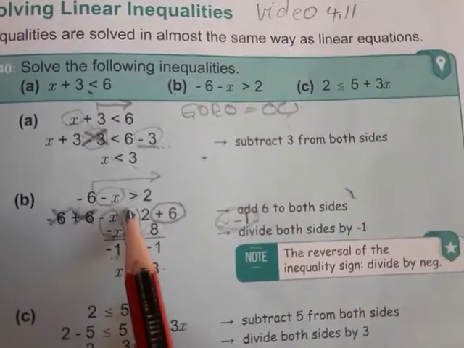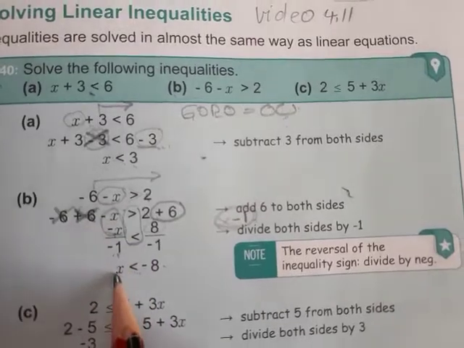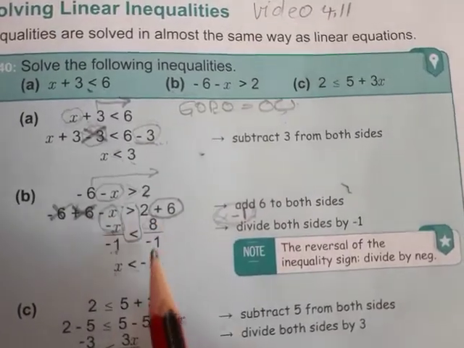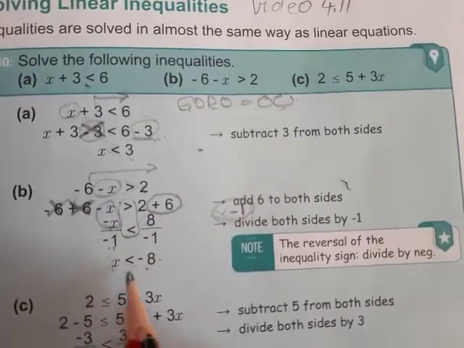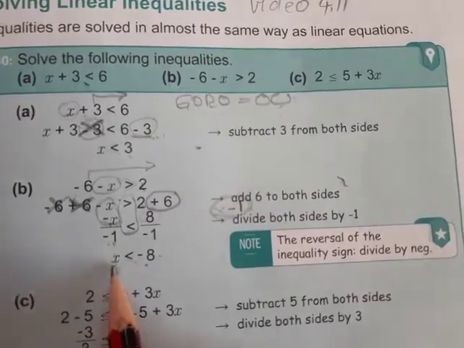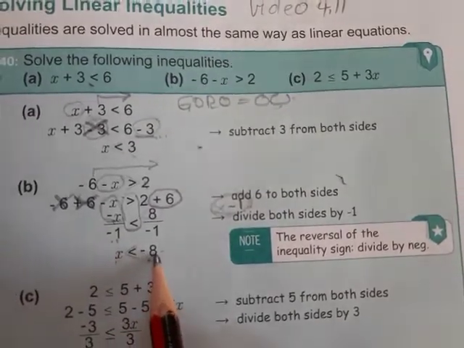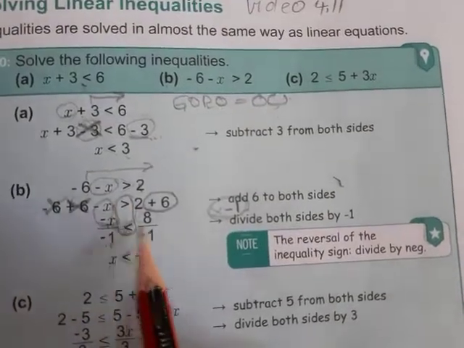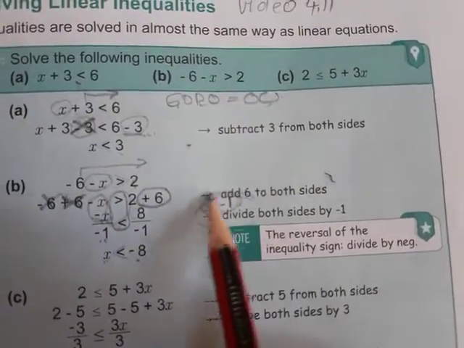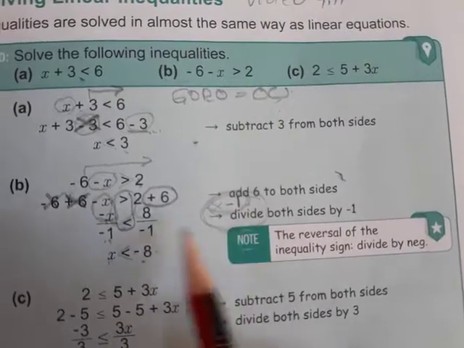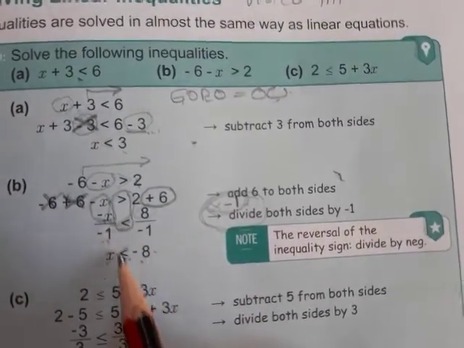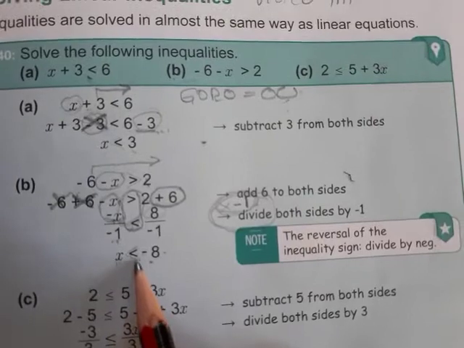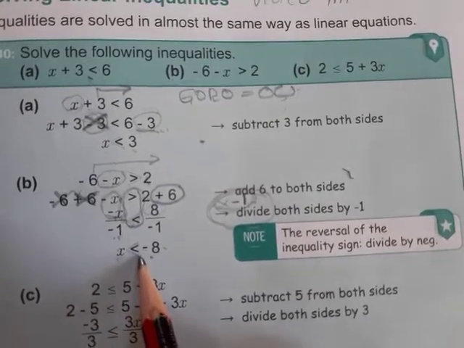So importantly, then this becomes positive x, the 8 becomes negative, but now, people, it reads x is less than -8. So here is an example of the rule: when you divide or multiply by a negative number, then your sign swaps around. So this is something you must really be aware of and take note.